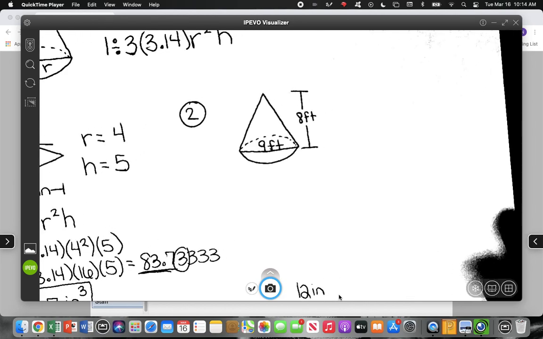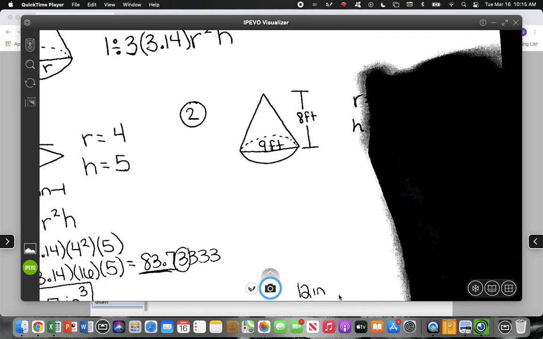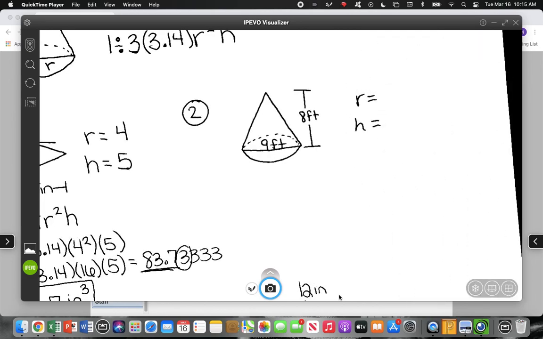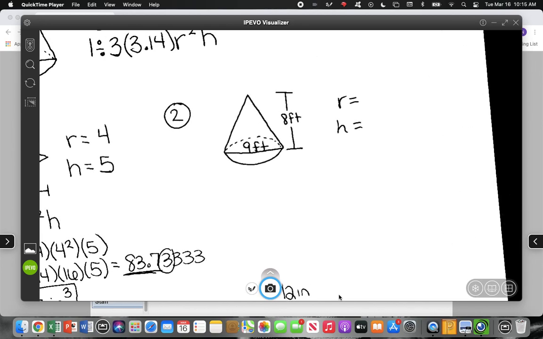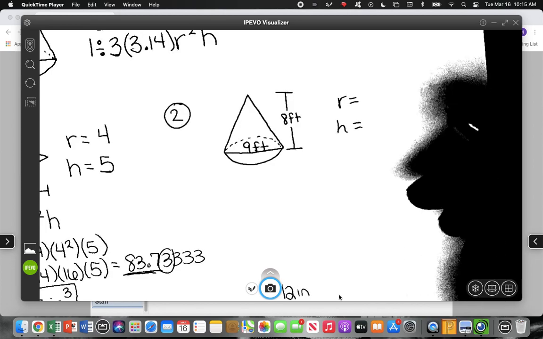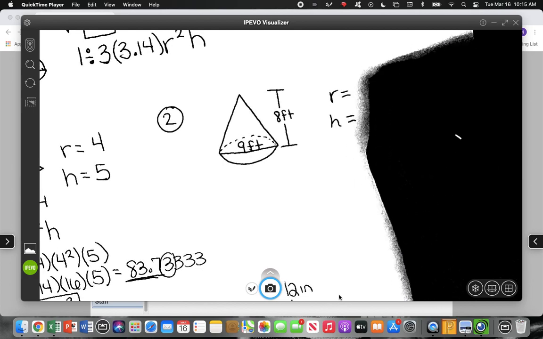All right, so we're looking at number 2 here, and we need to have our radius and our height. What's my radius on number 2? 4.5. Why is it 4.5? I don't see a 4.5 on there. Right, because this 9 feet here is the diameter, and we want the radius, which is half of that.